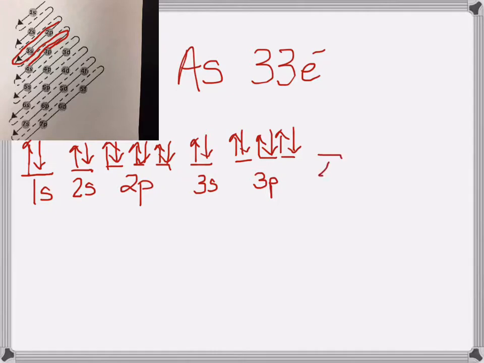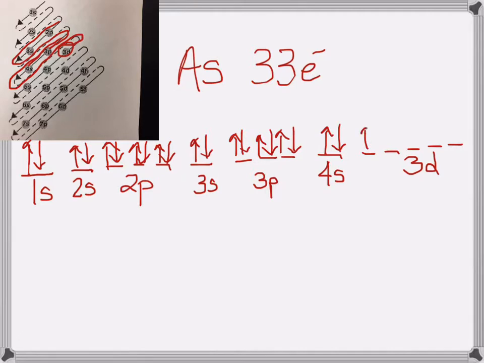And then I'm going to go to 4s. That 4 means that these electrons are going on the 4th energy level, and I need that 19th and 20th electron. And then after 4s, I'm going to follow this path, and then it says to go to 3d. So now I'm going back in and putting some electrons back on the 3rd energy level, and that was a d, and that means I need 5 orbital lines.